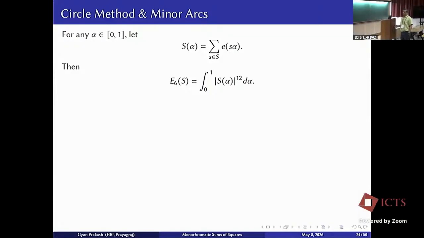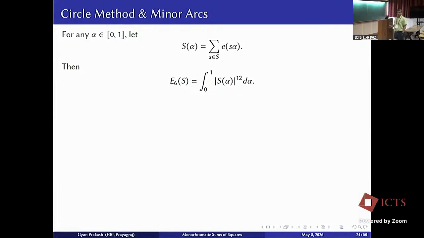So for any alpha belonging to 0, 1, let S alpha be equal to this thing. Now you have seen these orthogonality relations many times by now, and if you use the orthogonality relations, then this E6S can also be written in terms of this S alpha.